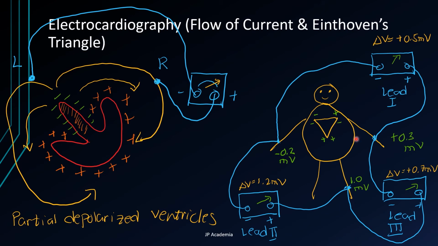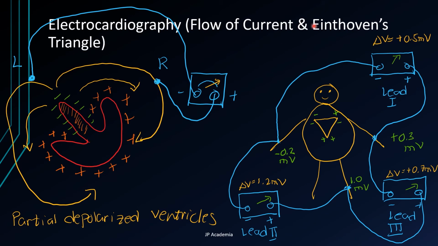So here, the right arm is assigned negative 0.2 millivolts relative to the average body potential, while the left arm, this one, has positive 0.3 millivolts. And the left leg, this one, has positive 1 millivolt. All the leads 1, 2, 3 record positive values.